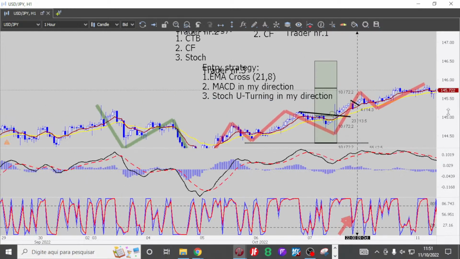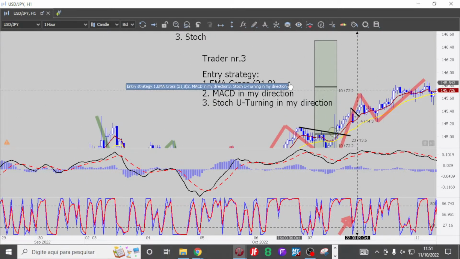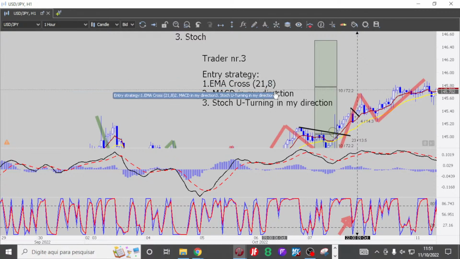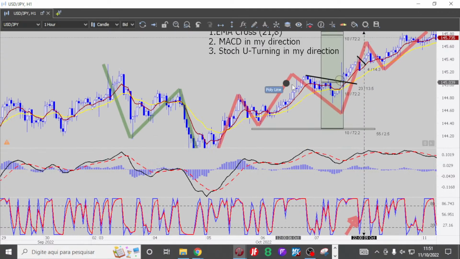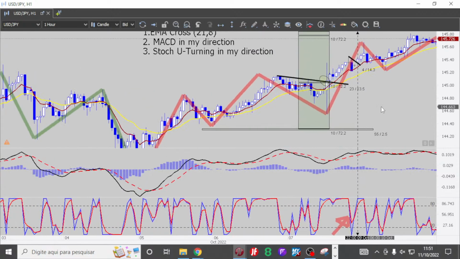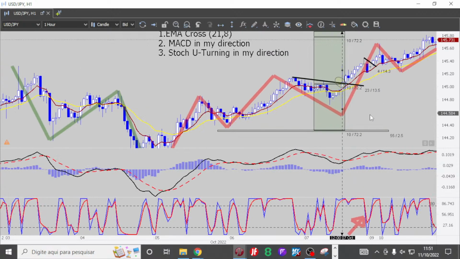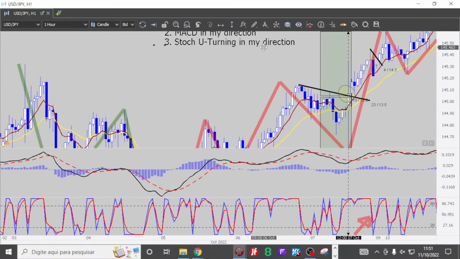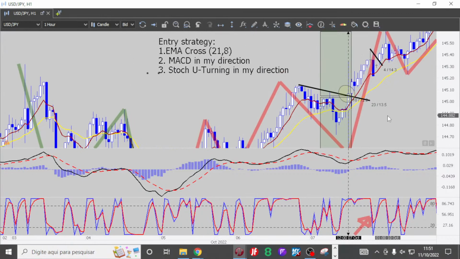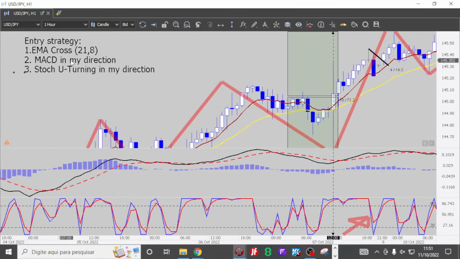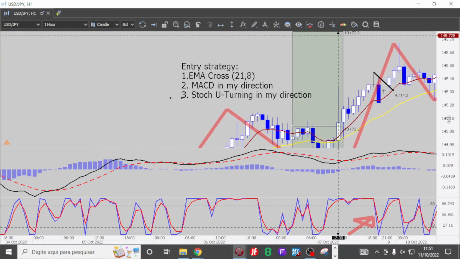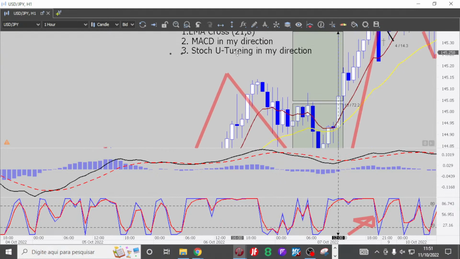Okay, and he or she said, well, I want to see EMA cross in my direction, MACD in my direction, and stochastic U-turning in my direction. So this was the candle, but this trader strategy, he or she doesn't care. Make sense? This strategy doesn't care about counter trend line breaks and candlestick formations. He or she does not care. Their strategy, they don't care.